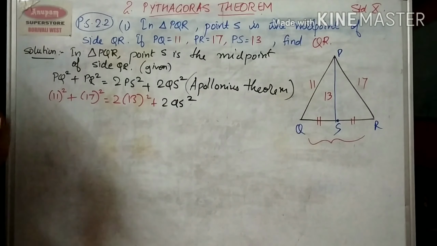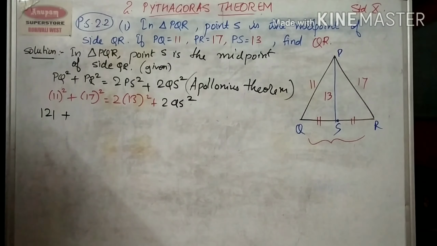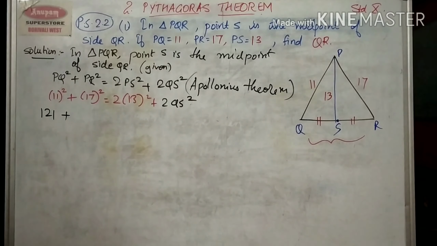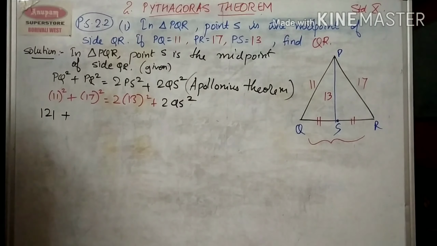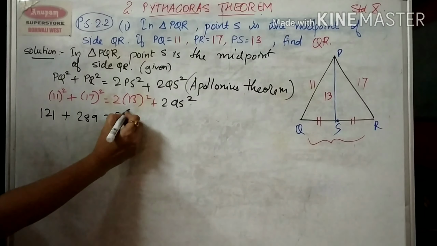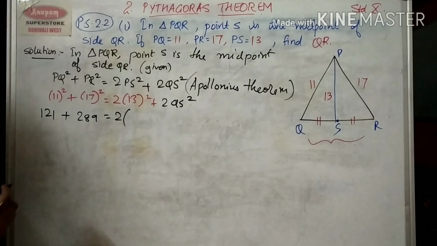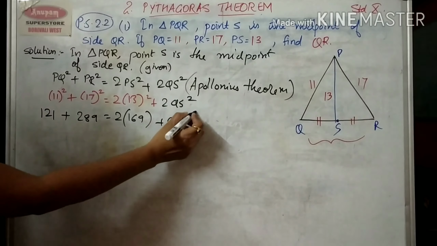Now, let us find out. 11 square is 121. The square of 17, children, is 289. Is equal to 2 into square of 13 is 169 plus 2QS square.